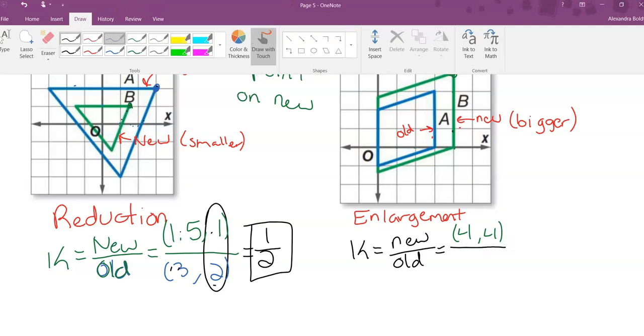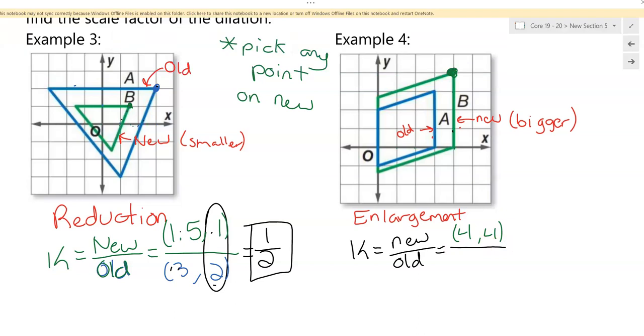I have to choose now the corresponding point on A. If I go this corner on B, then the same corner in my figure A is this corner. 1, 2, 3. Then it does not matter if you choose your x's or your y's. Again, whichever one's easier. If I look at these, they're the same. It's just 4 over 3.